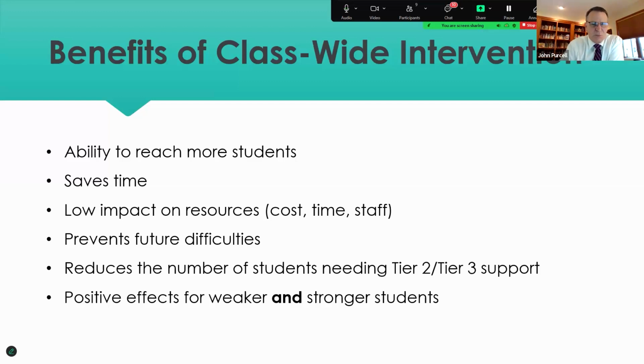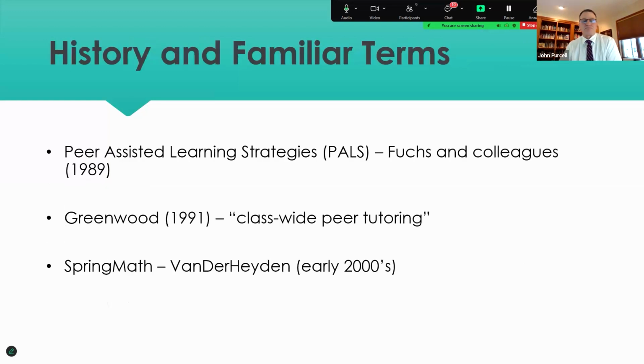So it does prevent future difficulties. Class-wide intervention especially can do that. It reduces the number of students who need that advanced support, the targeted or intensive support. And it has been shown to have a positive effect on both students who are performing at grade level, even exceeding that, as well as students who are struggling or lower performing students.